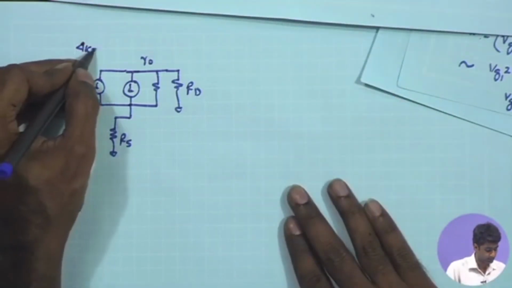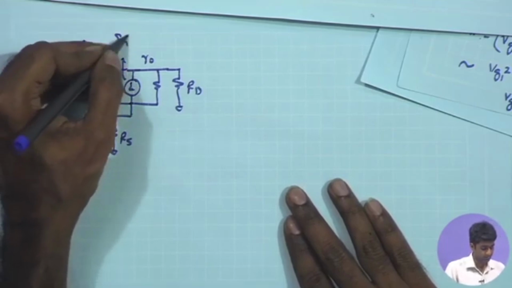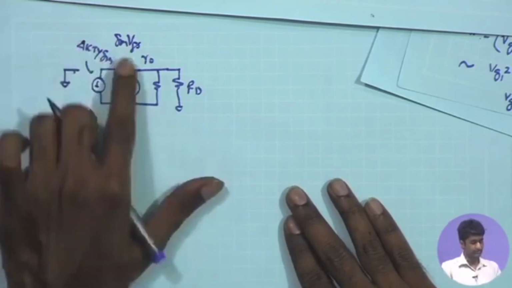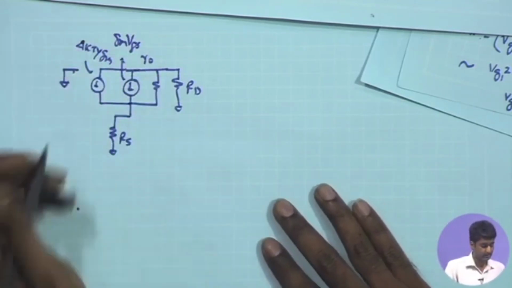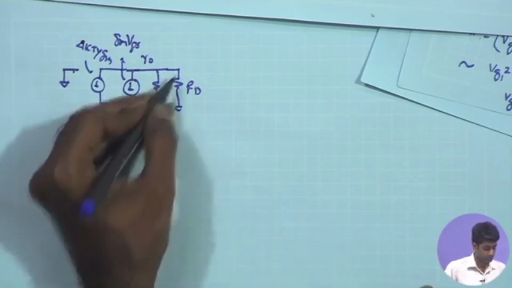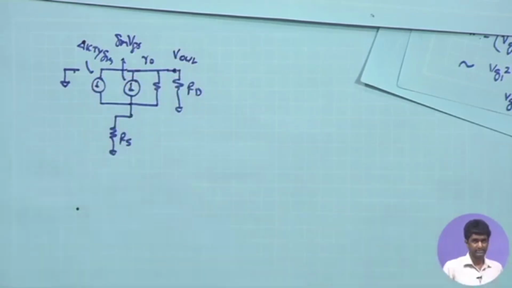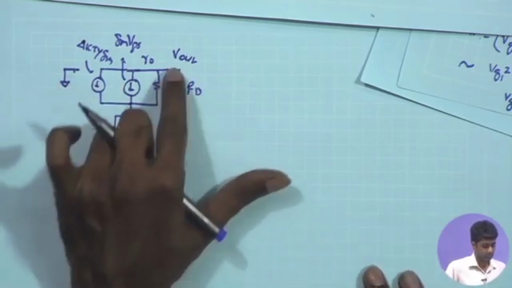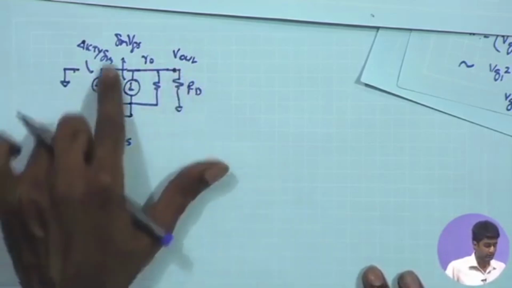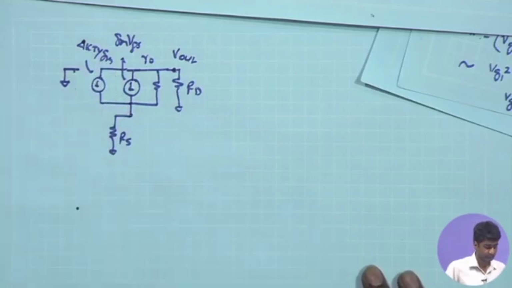This is the 4 kT gamma GM, and this is your GM VGS. VG is anyway 0, so it's just GM times VS, and then based on this we can figure out the output potential V out, and that is going to give me the exact expression for the V out dependency on the current produced by the channel noise.